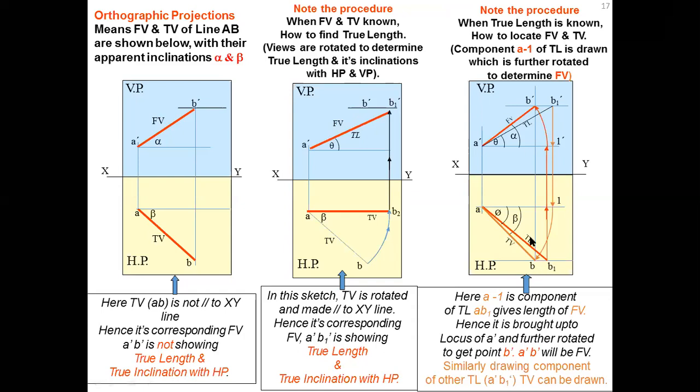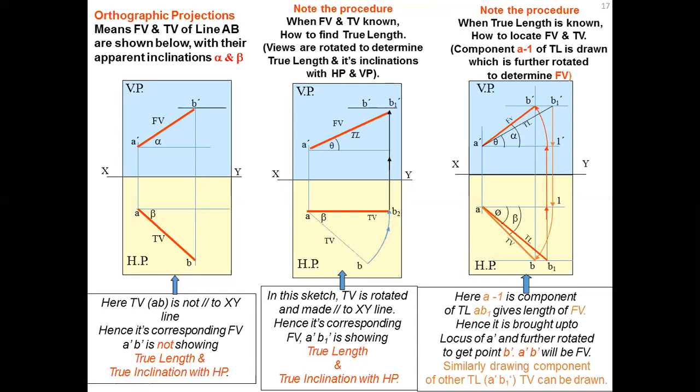Can you see this B and B dash line, the blue line? After solving the problem, when you join B and B dash, if it is straight, then only your solution is correct. If B and B dash are not coming on the same line, then you have done something wrong.